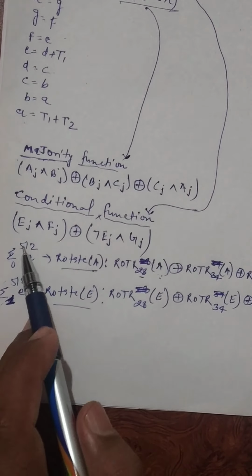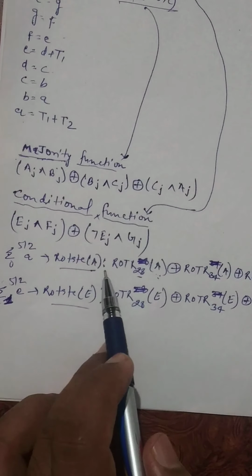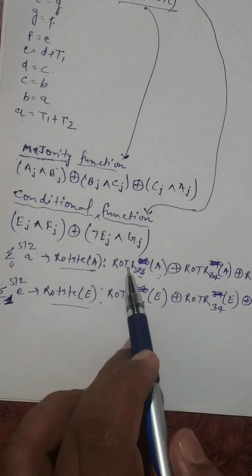Summation 0 of 512 of A, rotate A. How to read this? ROTR, as I already told you, is a right circular shift.